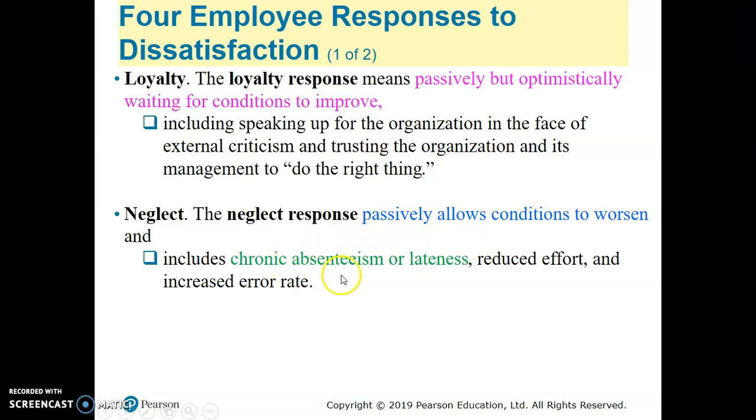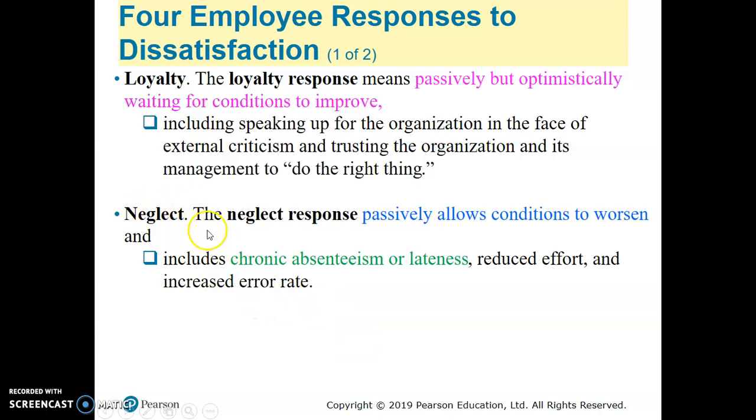So this actually will lead to chronic absenteeism, because if they're dissatisfied with the job, they don't voice their opinion on how to overcome the problem, and they don't resign, they just stay there. They do not have, like in loyalty, the positive view that the problem will be solved. Here they do not have any expectation. They may think that the problem will get worse.